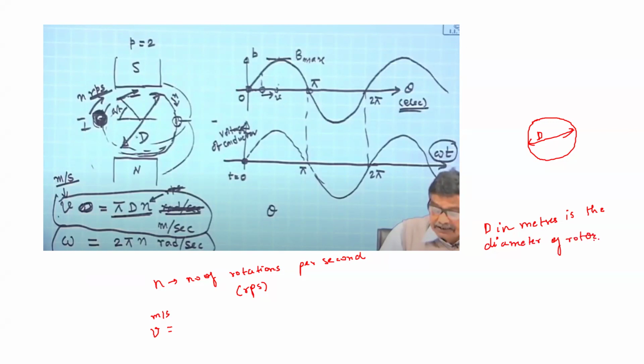So what will be the distance covered in 1 second? In one full rotation, the distance will be pi into d, or 2 pi r, the circumference.